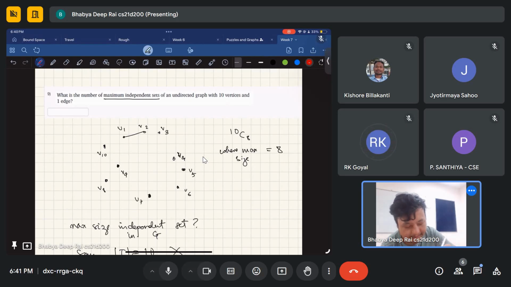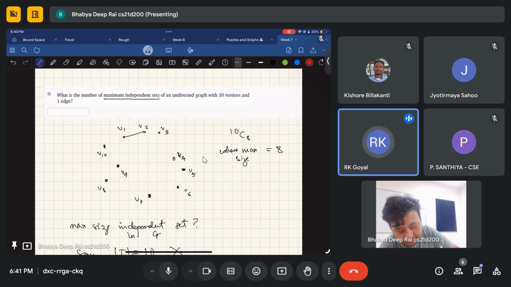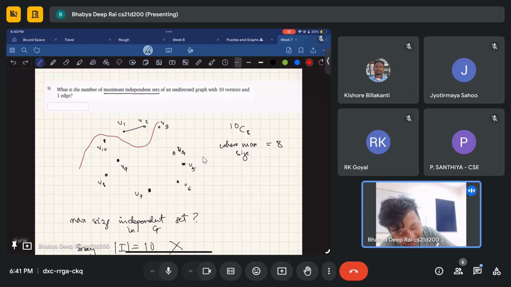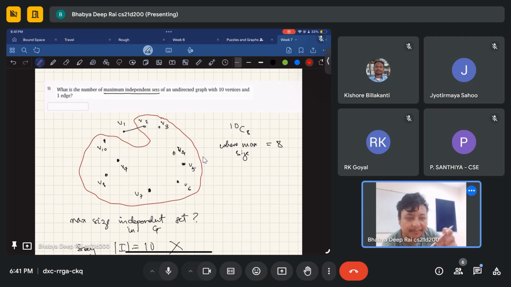Yes, we can have an independent set of size equal to 9. 8 elements I'll choose from this large chunk, because none of them have any edges. Now, what about the final one element? The 9th element I'll choose from here. I cannot increase it further because then I'll be including V1 also, which means that my set will have an edge.